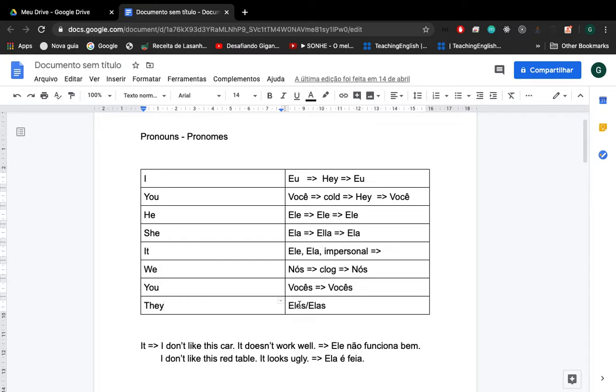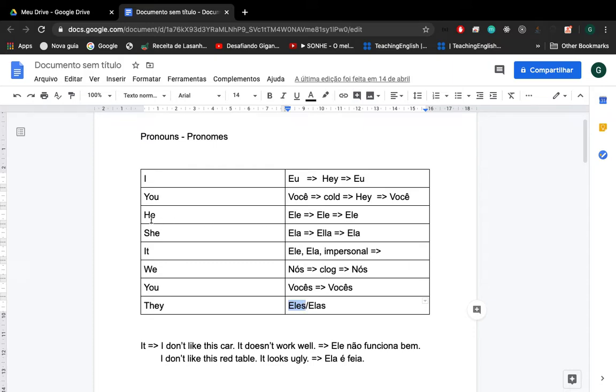For example, if we are talking about only women, we say elas, the same way we say ela in the singular, just with an additional letter S. Elas, elas. If we're talking about only men or men and women together, we use eles.